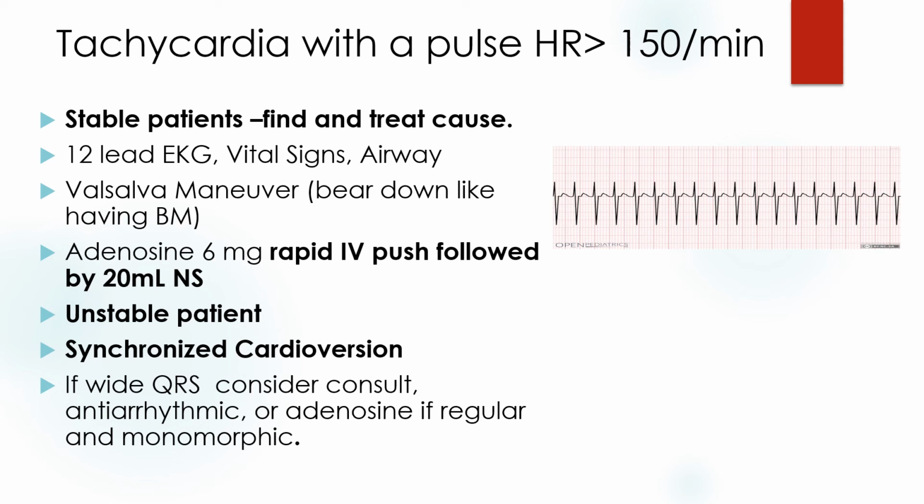This allows us to not delay in pushing the adenosine followed by the normal saline. It's much faster. We just have to flip a little switch with our thumb, and we don't have to change syringes on the IV. For unstable patients, we will use synchronized cardioversion, and if they have a wide QRS, we might consider an antiarrhythmic or adenosine.